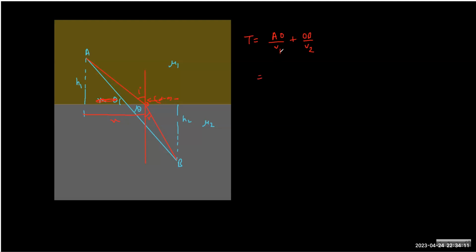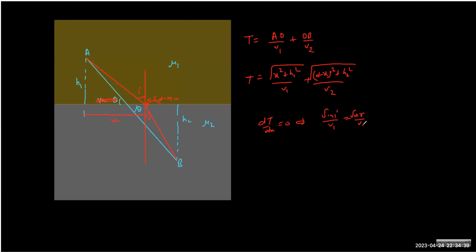So what is AO? We know the AO value, same as before. Now what is OB? And if I differentiate again, and if I equate to 0, what we get is sin R by V1 equals to sin R' by V2.